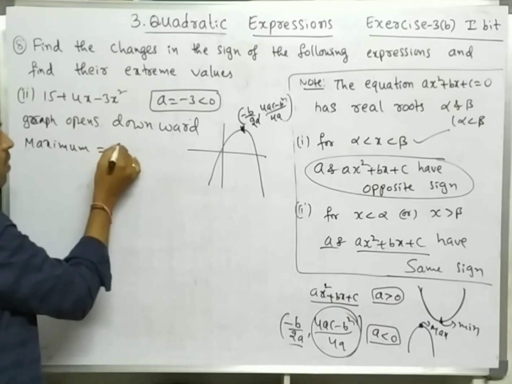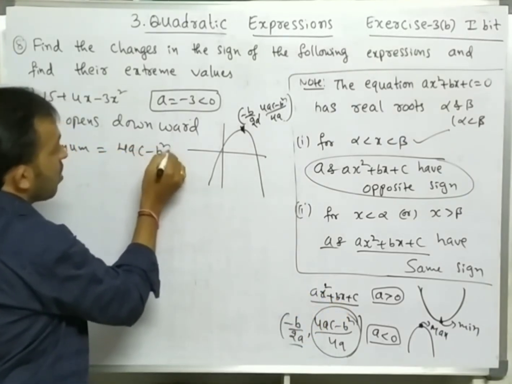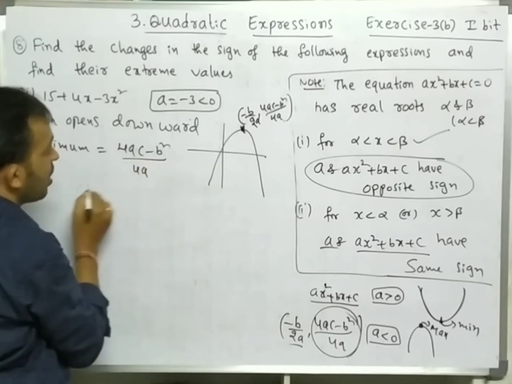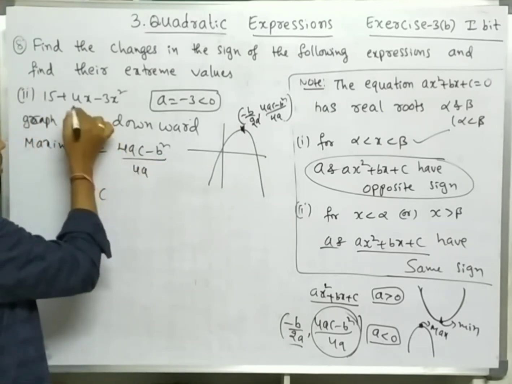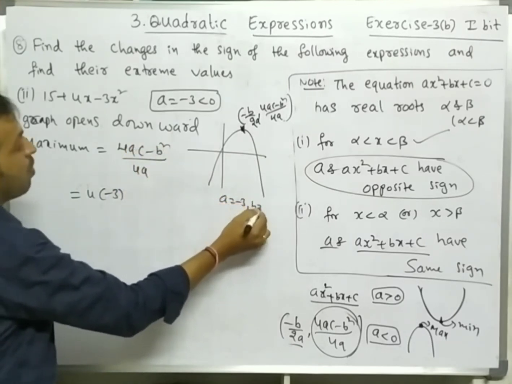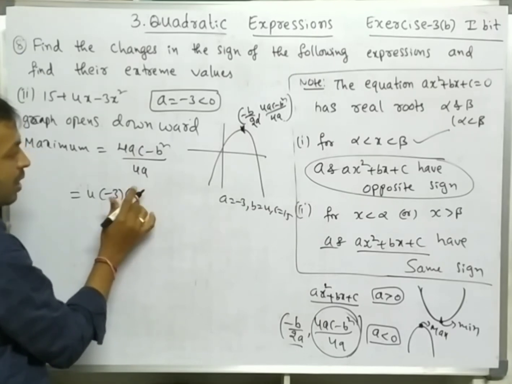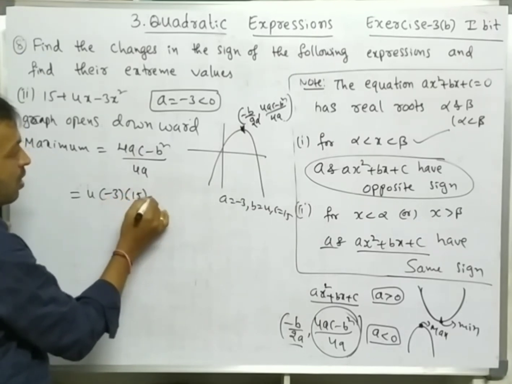And what is the formula? Same formula for maximum and minimum, same formula. So the maximum value is 4ac minus b square by 4a, with a as minus 3, b as 4, c as 15.